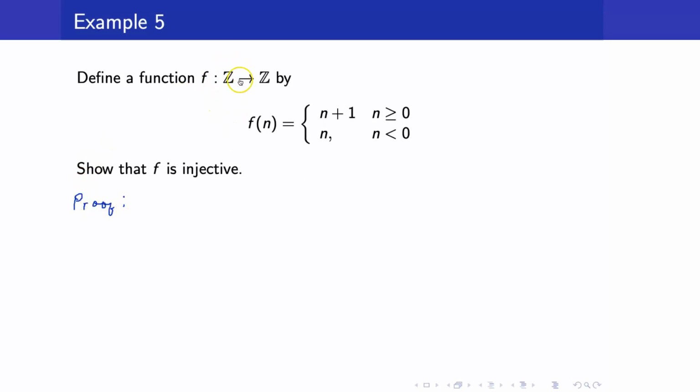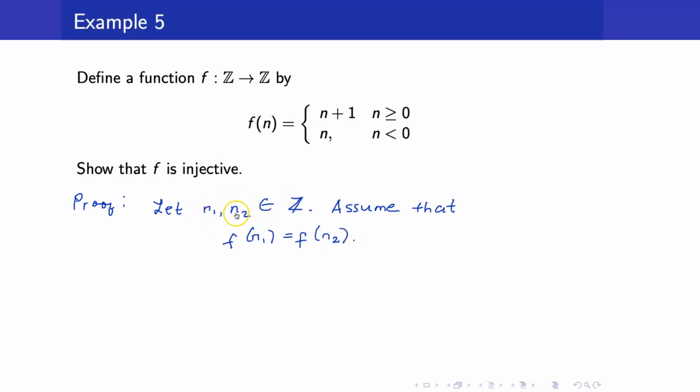So that means we have two integers. So let n1 and n2 be two integers, and assume that, or you can just say such that, so that means that's another premise. So assume that f of n1 is equal to f of n2.